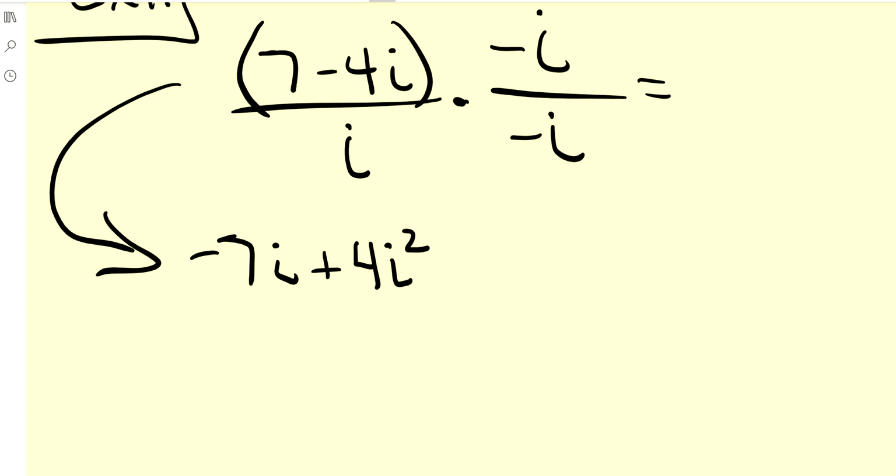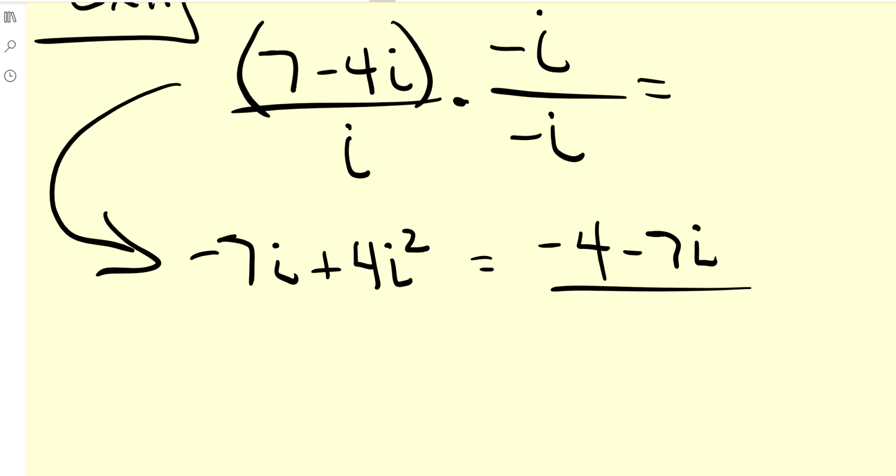I know i squared is negative 1, so it's negative 4. So I'm going to write this as negative 4 minus 7i. And that's your numerator.